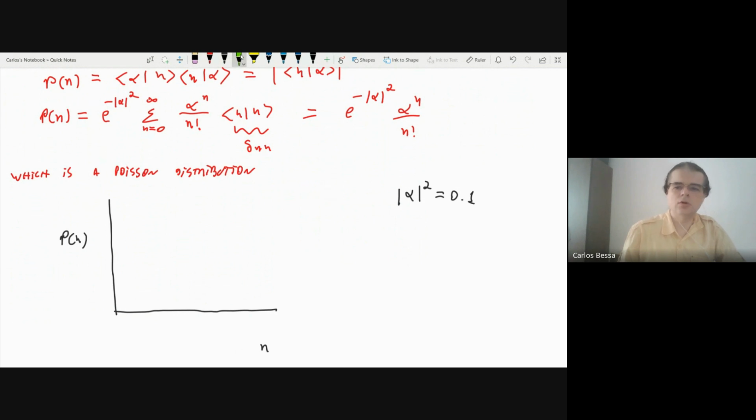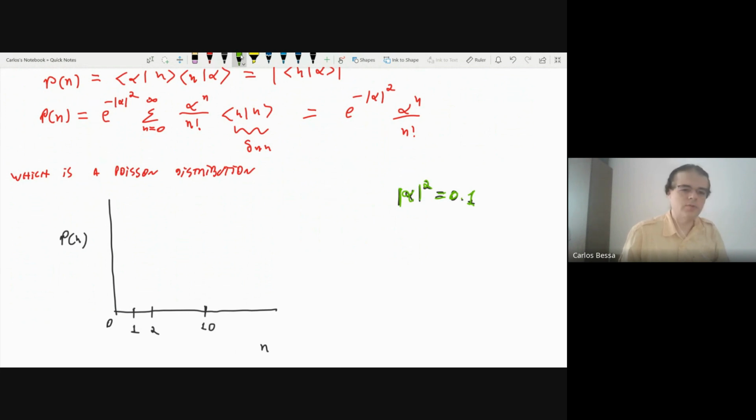I'll change the color. So I'll use more than one. So this green will give me something like, here is 0, n equal to 0, n equal to 1, 2, up to 10. We'll try these values.